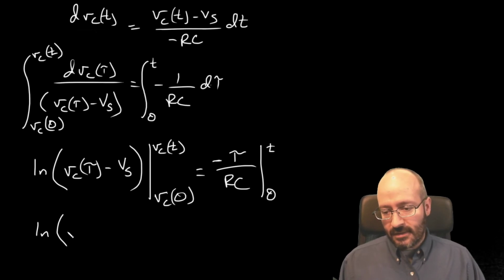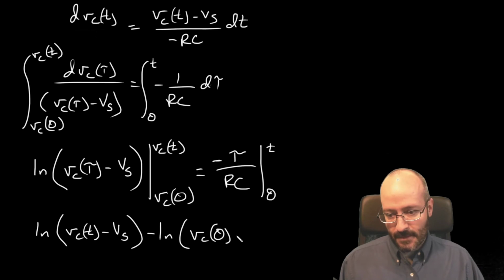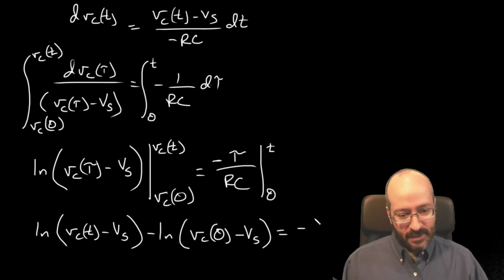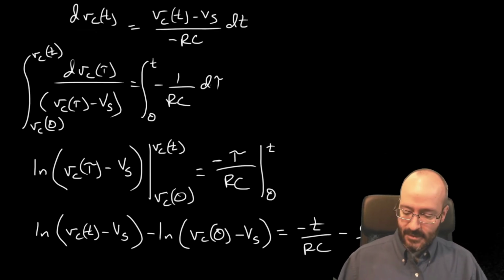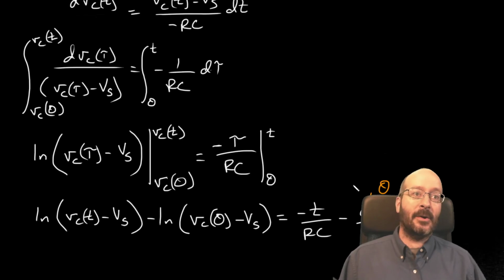Okay, so this is going to be the log of VC of t minus VS minus the log of VC of 0 minus VS. Okay, that's my left-hand side. And over here we're going to have negative t over RC minus 0 over RC. That drops to 0, so I'm not going to do that one anymore.